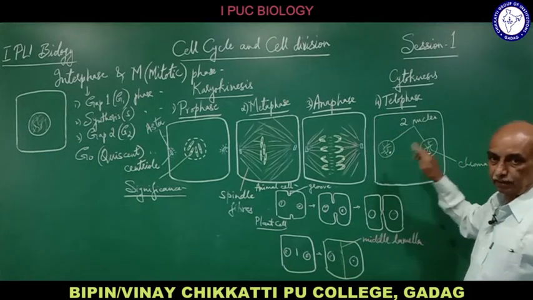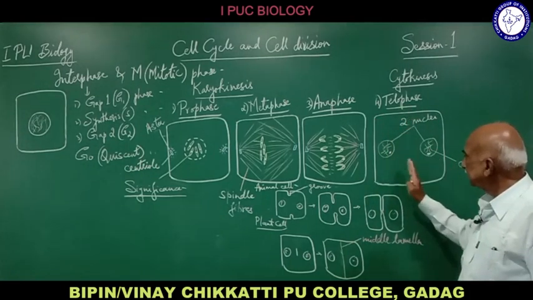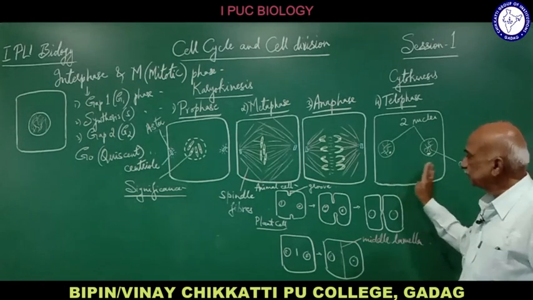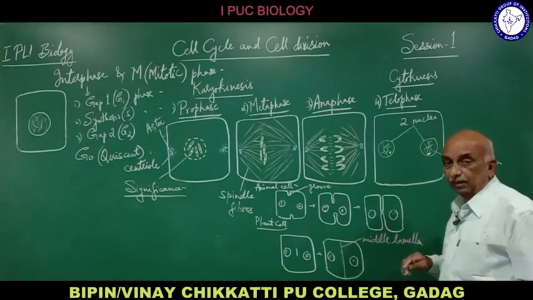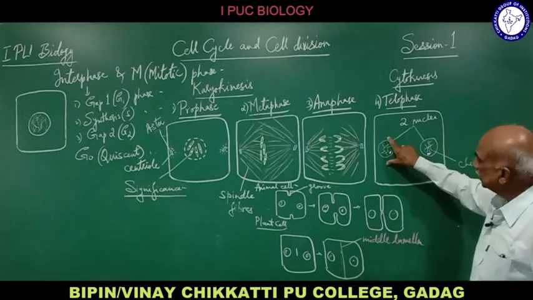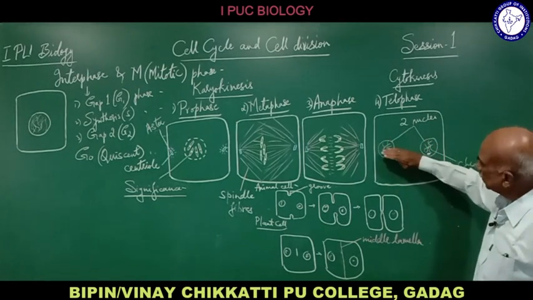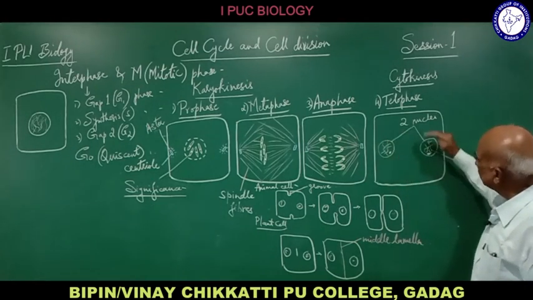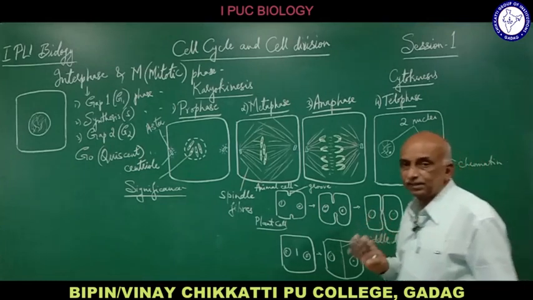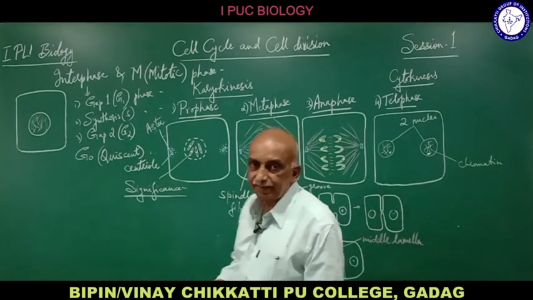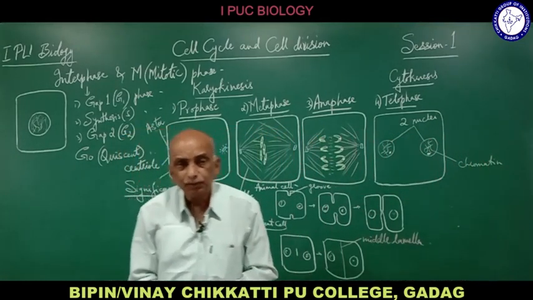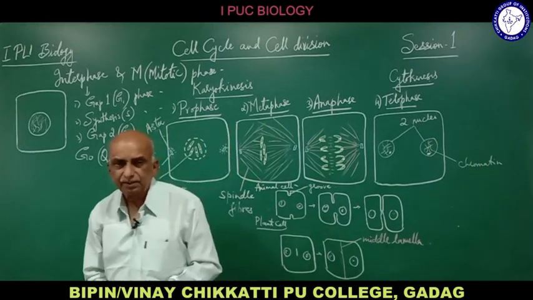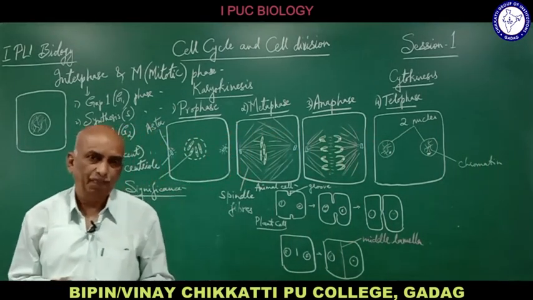Only if cytokinesis occurs will there be formation of 2 daughter cells. Again, if cell division takes place, this divides into 2 nuclei, this into 2 nuclei. Only the nucleus divides, not the cell. So in some cases there will be no cytokinesis at all.